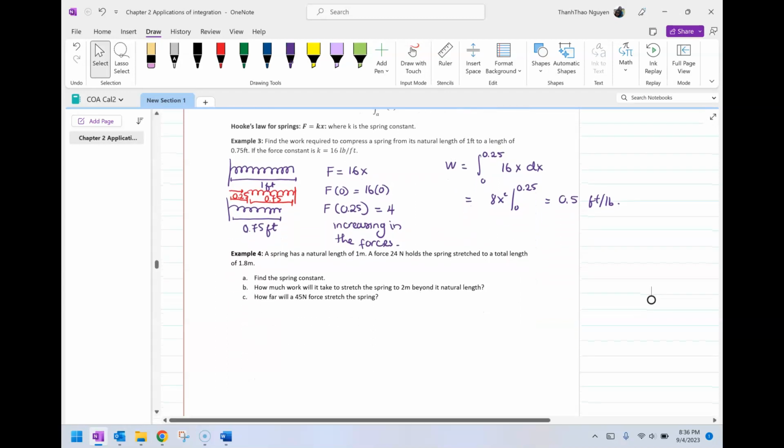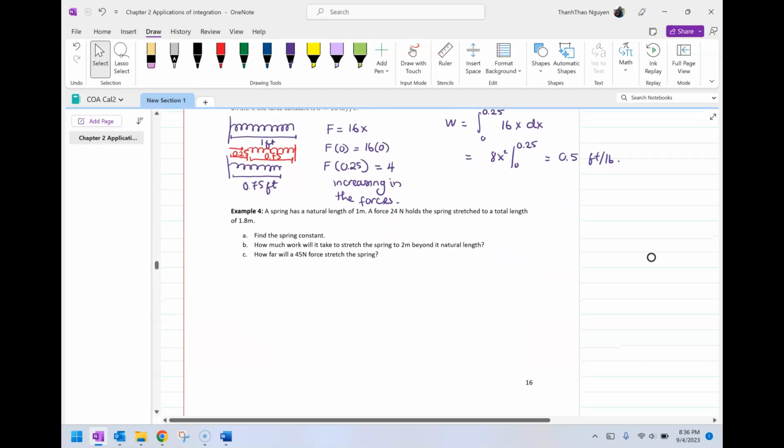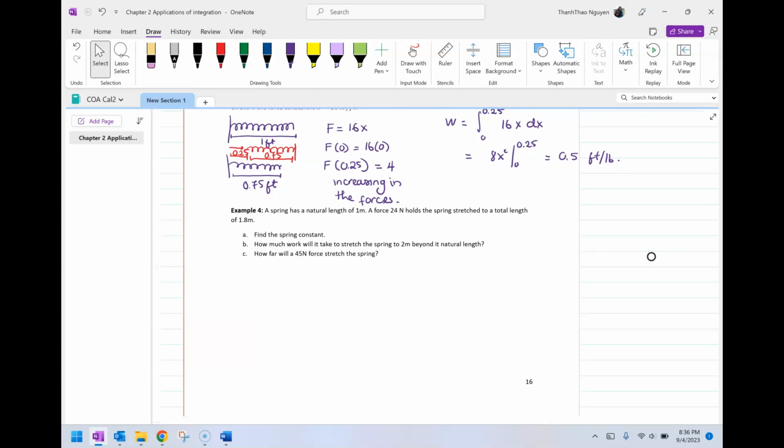Let's say we have a spring with a natural length of 1 meter, and a force of 24 N holds the spring stretched to a total length of 1.8 meters. Find the force constant k. So you start with a spring, and the spring is 1 meter.